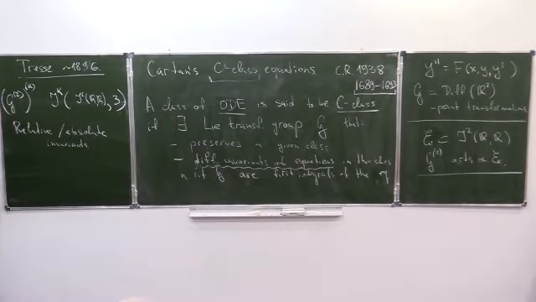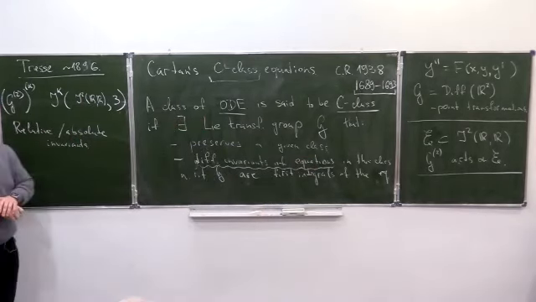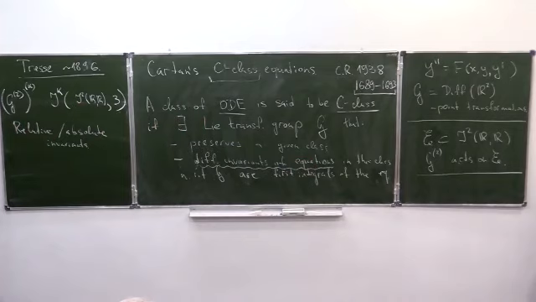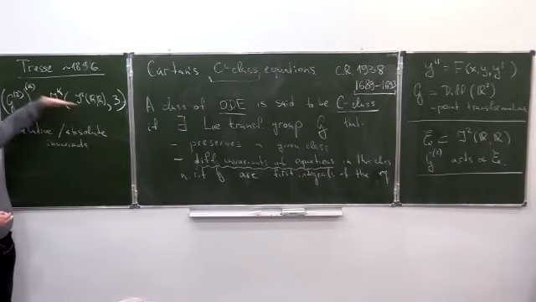We are just very slowly moving towards the answer for the second order ODEs. I just want to be very precise here so that we all understand what's going on. And well, so relative and absolute invariants, I think I don't need to speak about this in detail. So we know that absolute invariants are just functions which are invariant under this action.